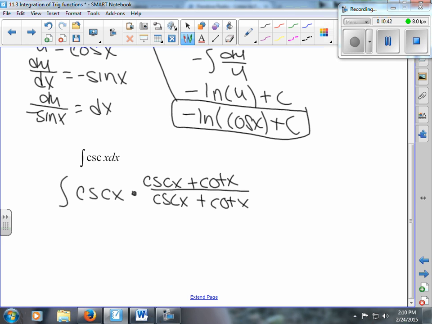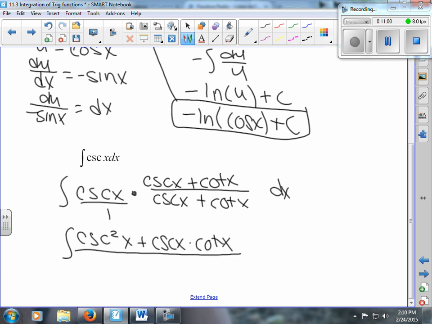Now this cosecant of x is over 1. And so when I distribute cosecant, I get cosecant squared x plus cosecant x cotangent x, and that's divided by cosecant x plus cotangent x.